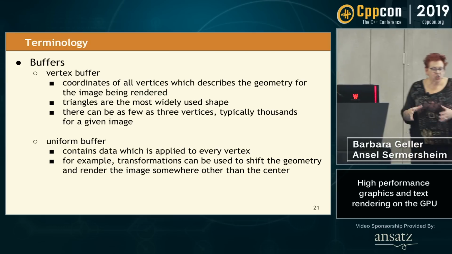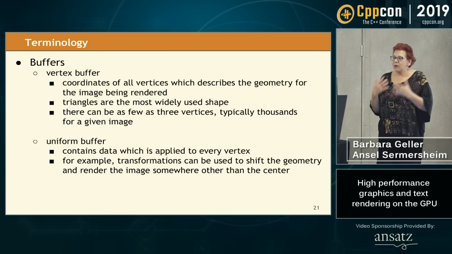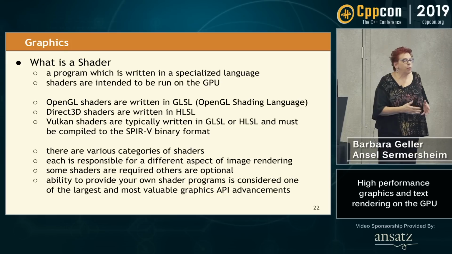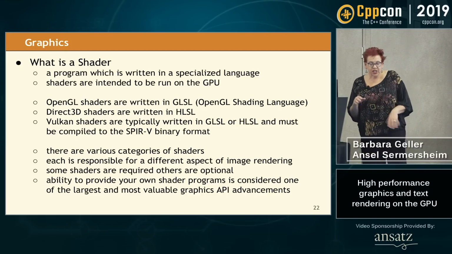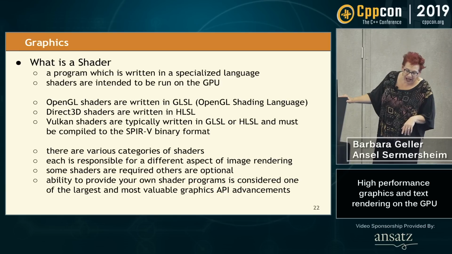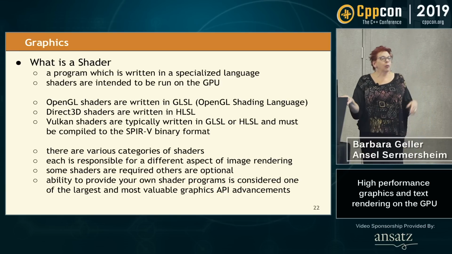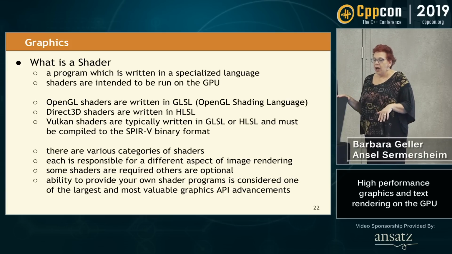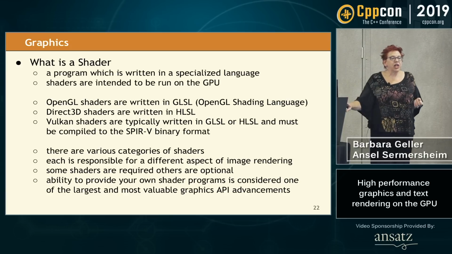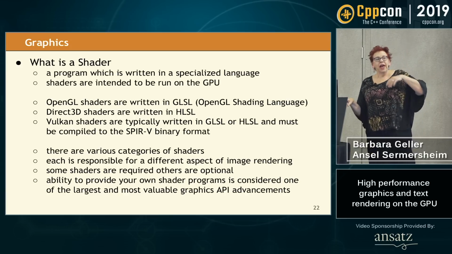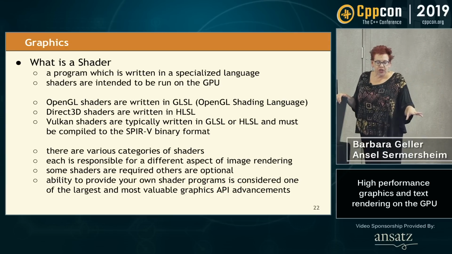So we were talking about a shader, and again, it is a specialized language. In OpenGL, if you were programming shaders, you used GLSL, and in Direct3D, you were probably using HLSL. In Vulkan, you can use either one. We are using GLSL. The bottom line is, there are various compilers you can use, and one actually comes with Vulkan.